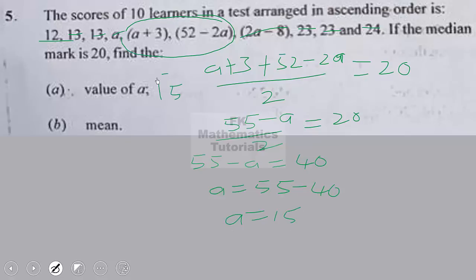Now for the mean mark. To find the mean mark, we have to substitute the value of a into those ones. So the marks will become 12 plus 13 plus 13. Then a is 15, so plus 15. Then a plus 3 will be 18, so plus 18.